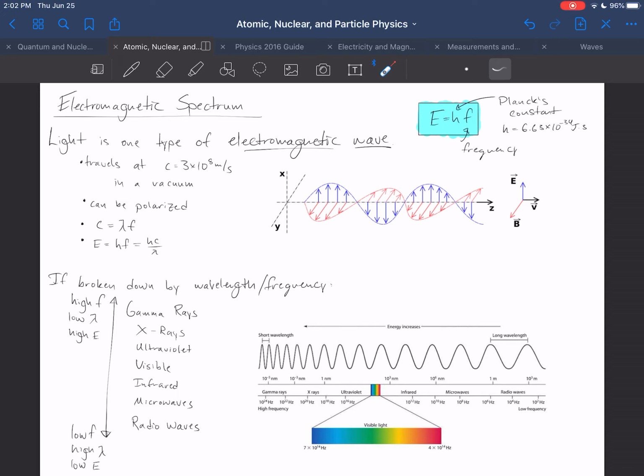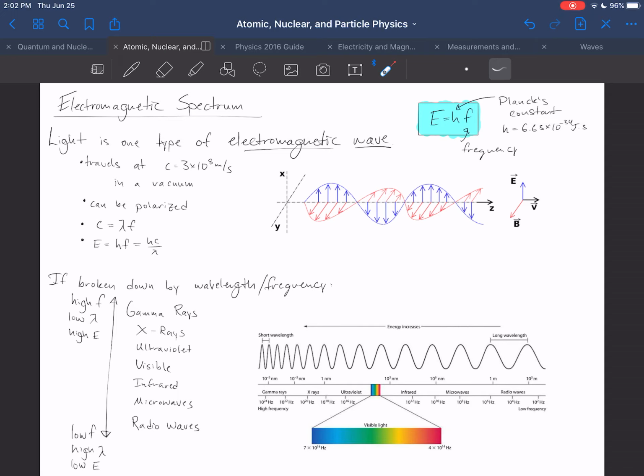So, returning now to our discussion of the electromagnetic spectrum, if E equals hf, that is, if the energy of any particular wave of light is proportional to the frequency, then we can sort the electromagnetic waves that are possible into what is known as a spectrum. And that's where we split up the electromagnetic waves by their frequency or their wavelength.